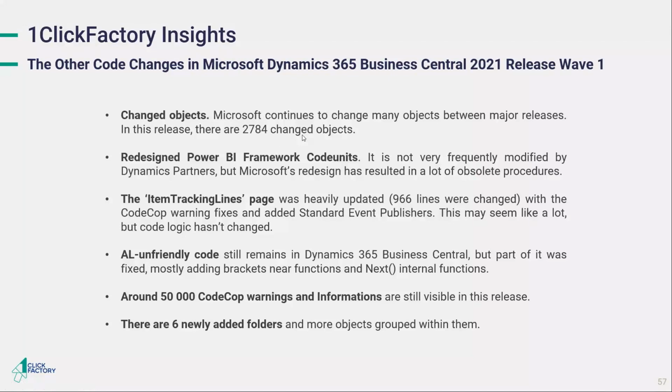So about a third of the application is being changed by each major release. So it's still a lot, but again, many new publishers are being created, many new functionalities being put in, many functionalities being made obsolete pending, and so on. So those changes are coming into a lot of objects.